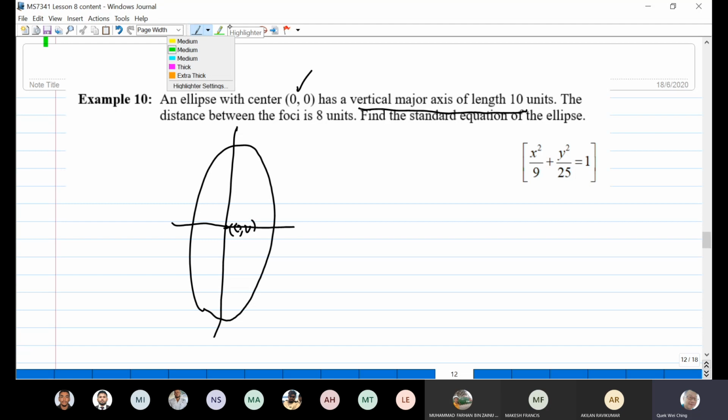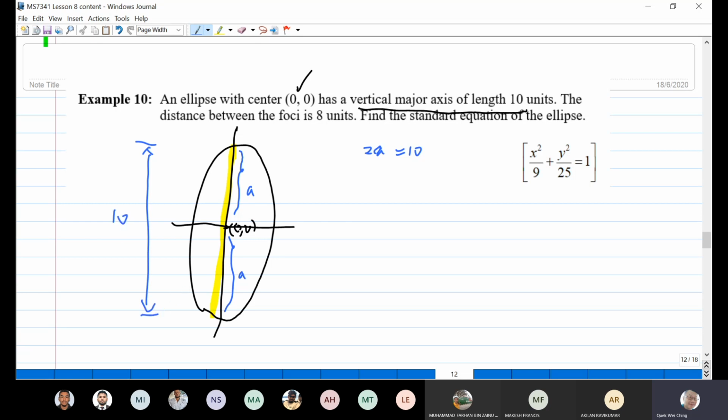So from here to here is 10, which means 2a is equal to 10. From here to here is 5. So a equals 5.